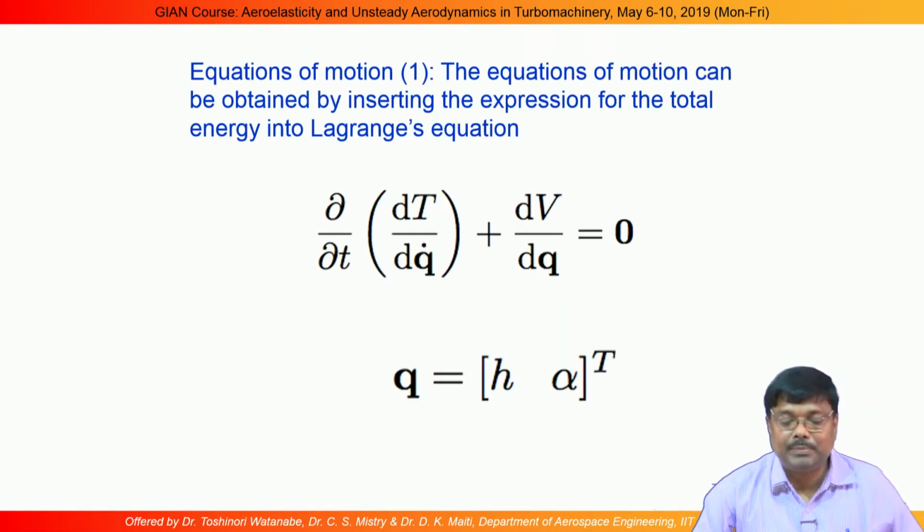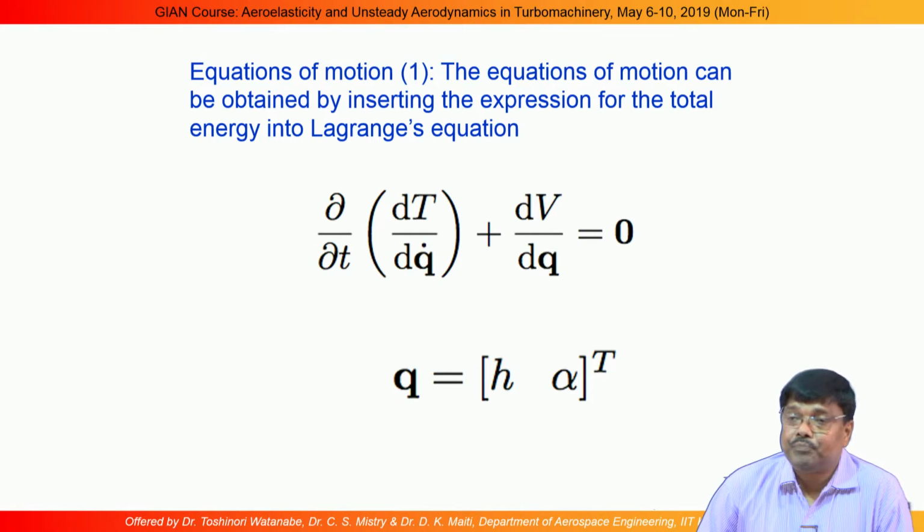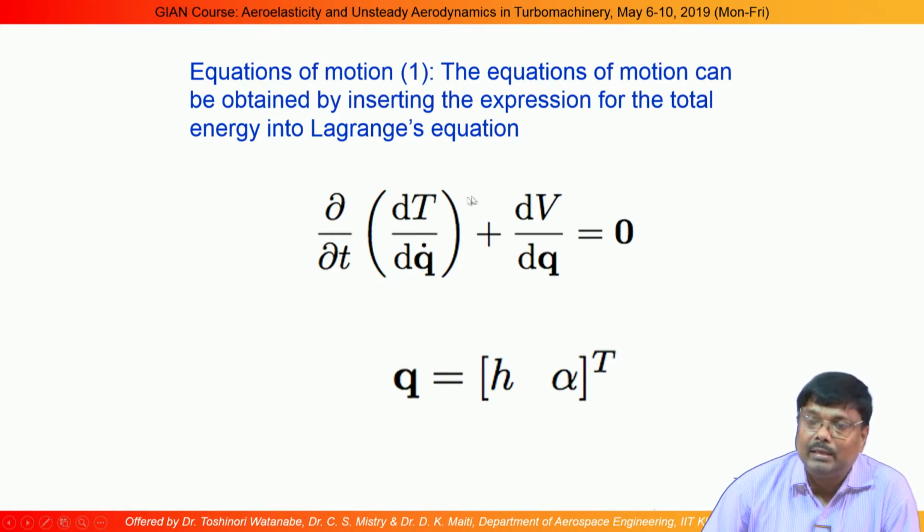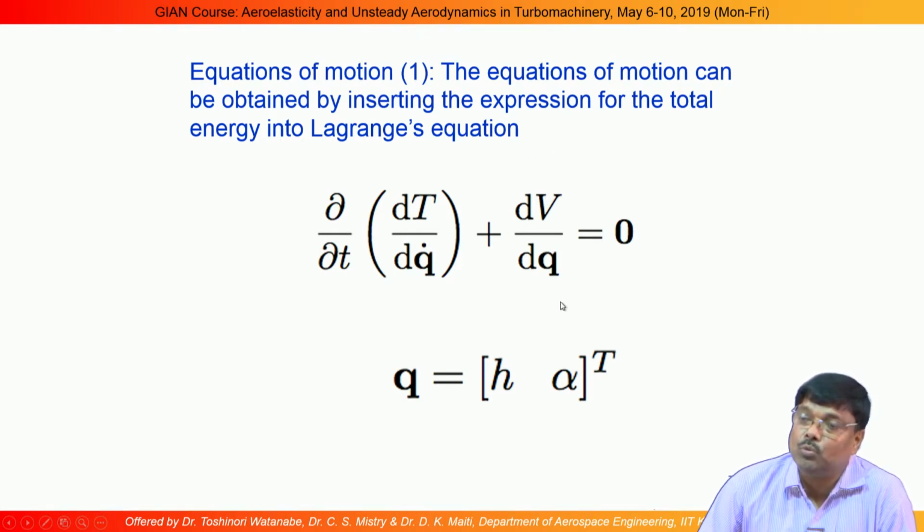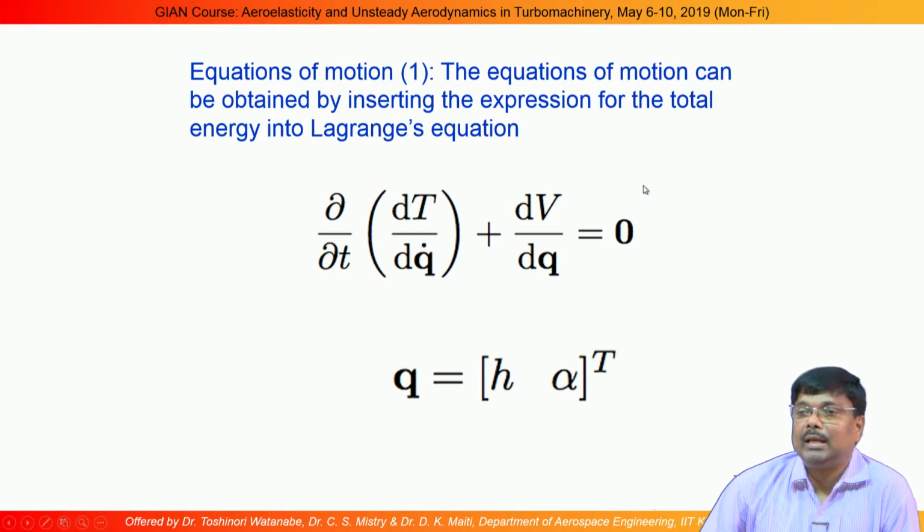We can finally express that as the total energy, but from the concept of conservation of energy, we are applying here the Lagrange equation, which says that if I take the derivative of the kinetic energy, first with respect to the velocity and then the time derivative, then adding the derivative of the potential energy V with respect to q, the displacement, okay, that should be equal to 0. This is the Lagrange equation.